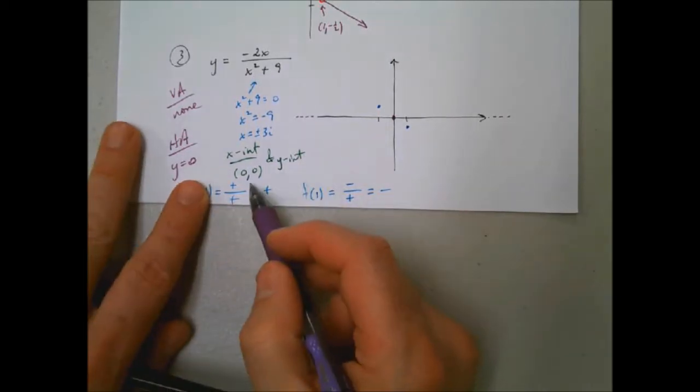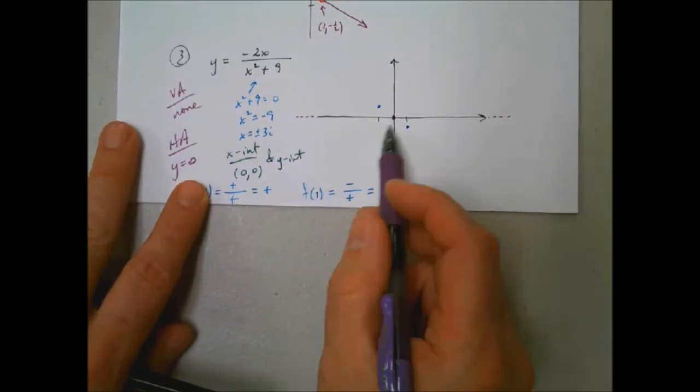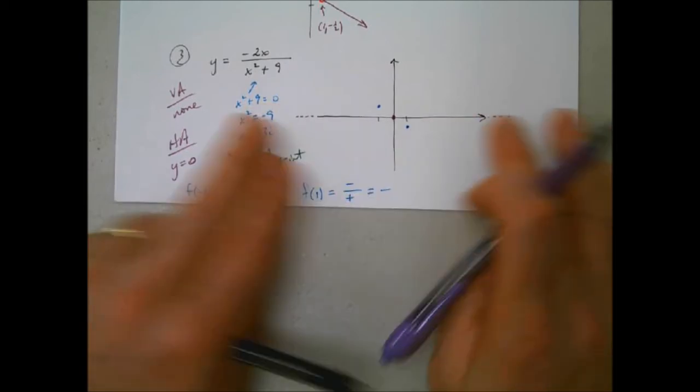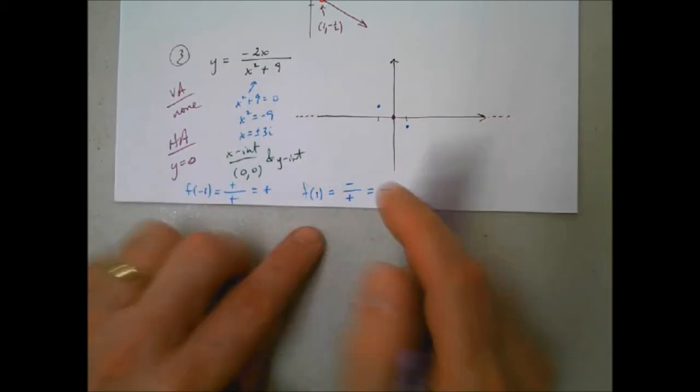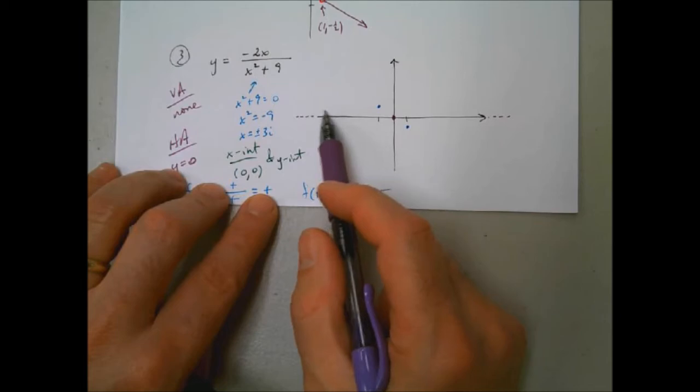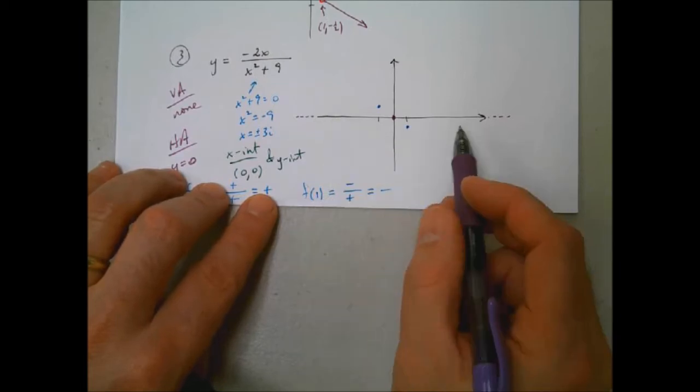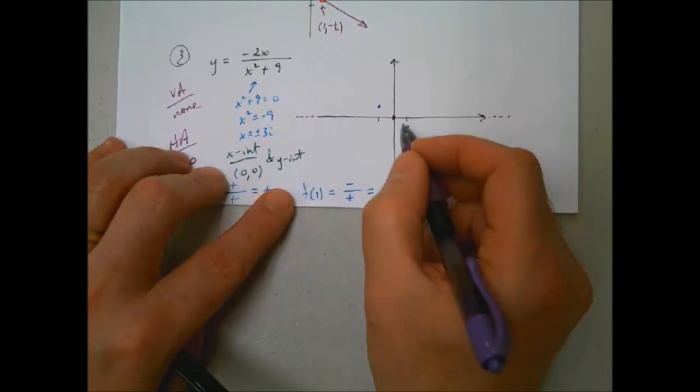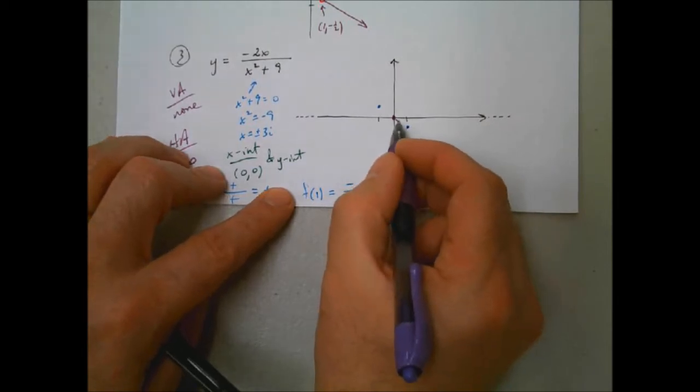Okay, so we only have one x-intercept, which is also the y-intercept. As it goes to the infinities, it goes to elevation 0. On the left side, it's above the x-axis. On the right side, it's below the x-axis.